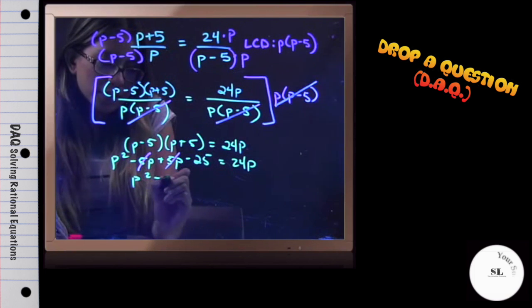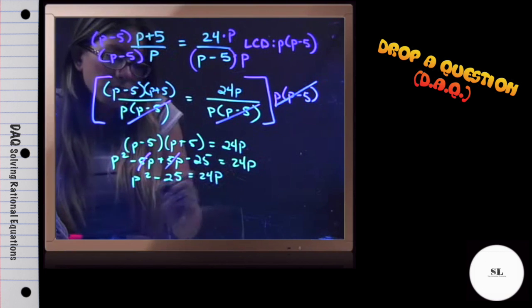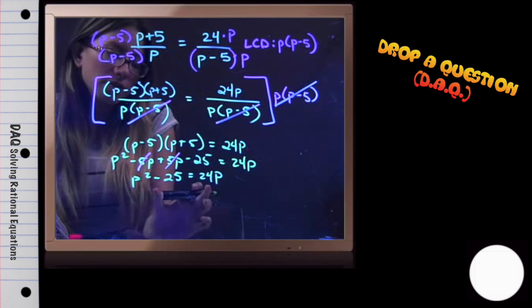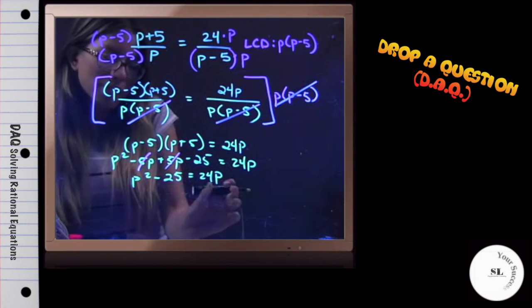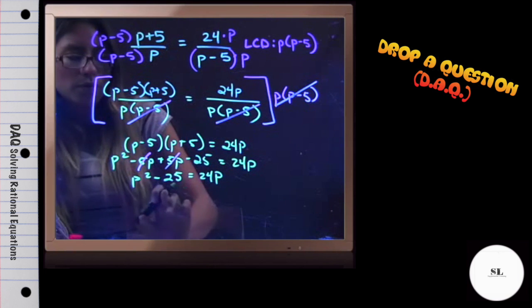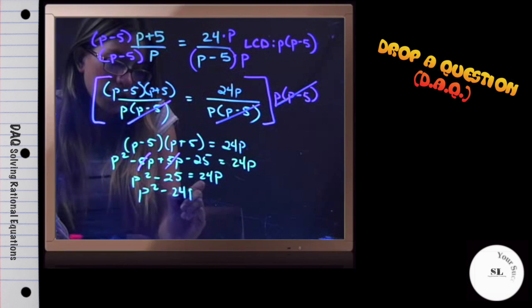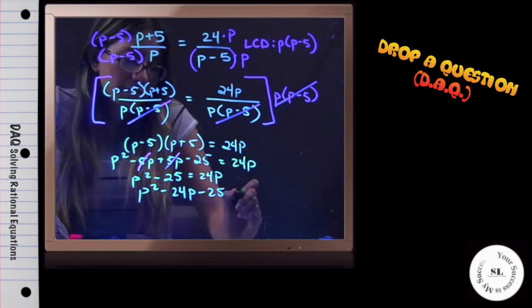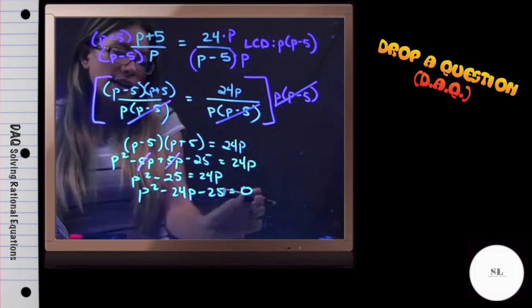And now we'll have P squared minus 25 equaling 24P. We want to make this equal to 0. We have 24P here, so we're going to move 24P: P squared minus 24P minus 25 equaling 0. That way now we have a quadratic equaling 0.